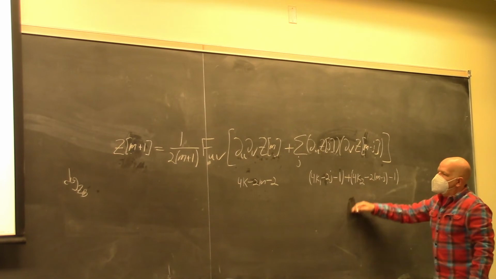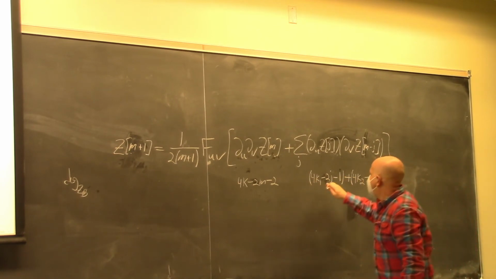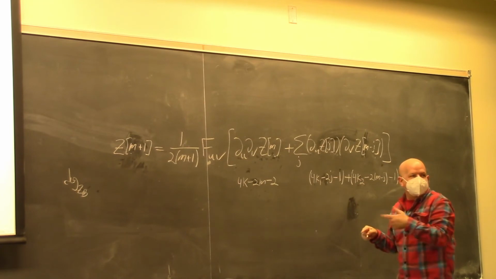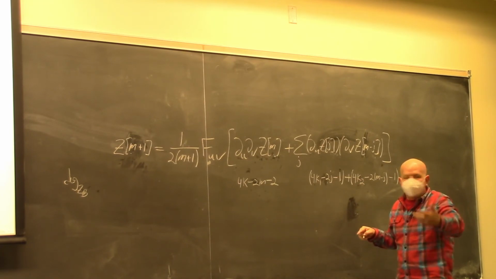And when you add these two, you get 4k1 plus 4k2, but k1 plus k2 is the overall degree in epsilon.